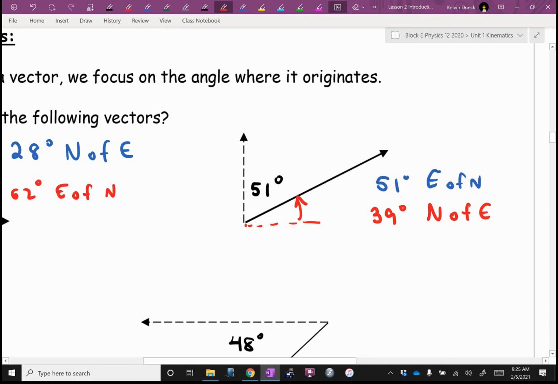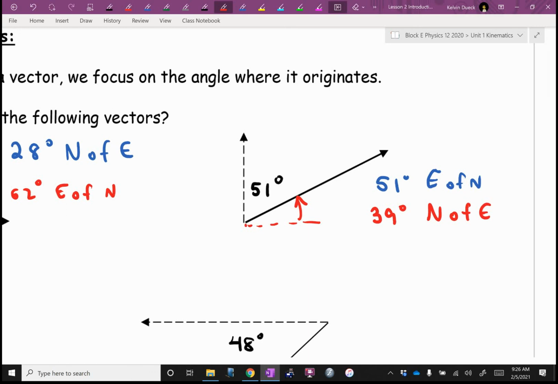So what you're going to notice for the first few lessons, in my answer keys, I will always put both of these because it all depends on the order that you chose to draw your vectors. If you added vector A plus vector B and you added vector B plus vector A, you'll get the same magnitude, but you'll each get the complementary angle. It's the same thing, but I'll put both answers.